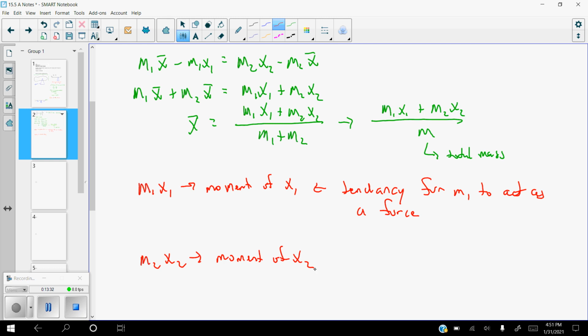So if you think about it, if you can find that balancing point between the moments of x1 and the moments of x2, then the tendency for those forces to act upon each other would cancel each other out and it would balance. So again, hopefully that makes some kind of sense. If you've had physics already, then this probably is kind of a review for you, but if you haven't had physics already, it's kind of a good introduction.